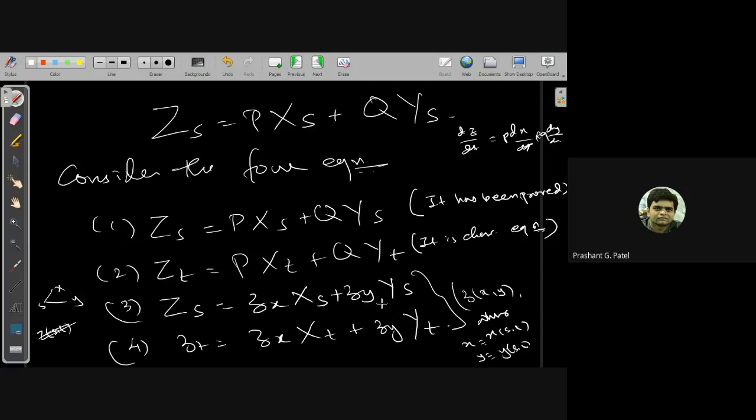You can see in a different manner, equations 1 and 2 are the same as equations 3 and 4, so the coefficients will be the same. The determinant of this coefficient matrix of the linear system will be non-zero, and hence we can have the solution, that is z_x equal to p and z_y equal to q, that we got.